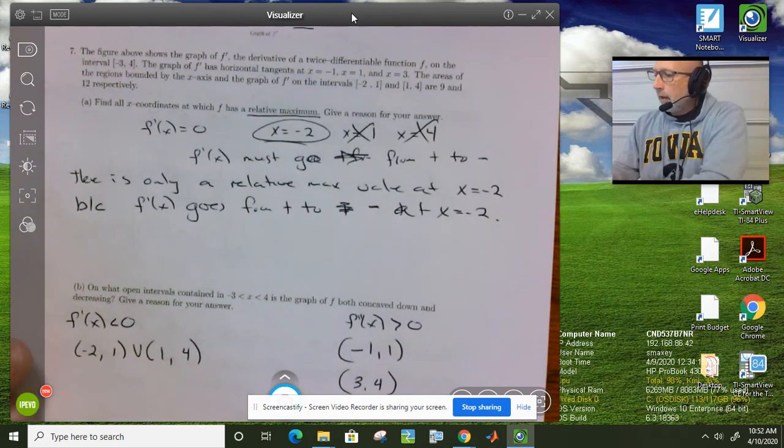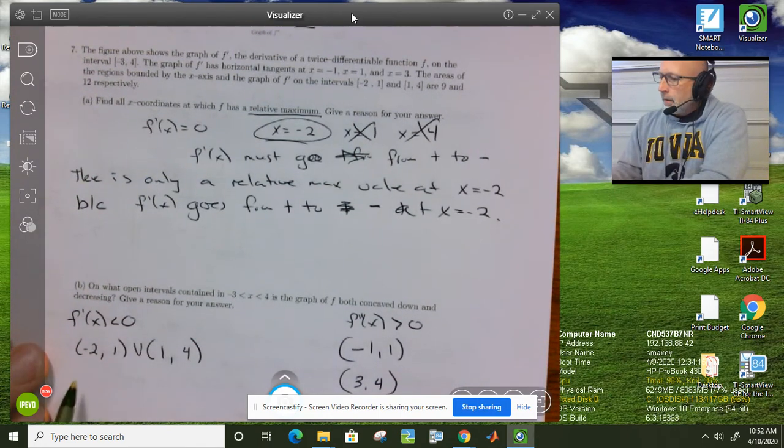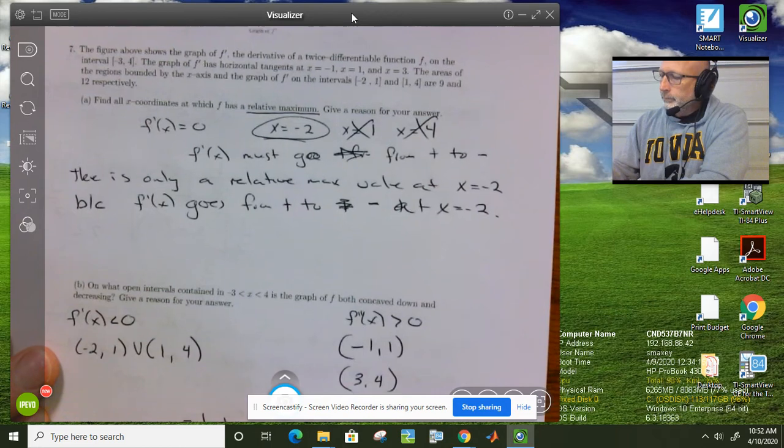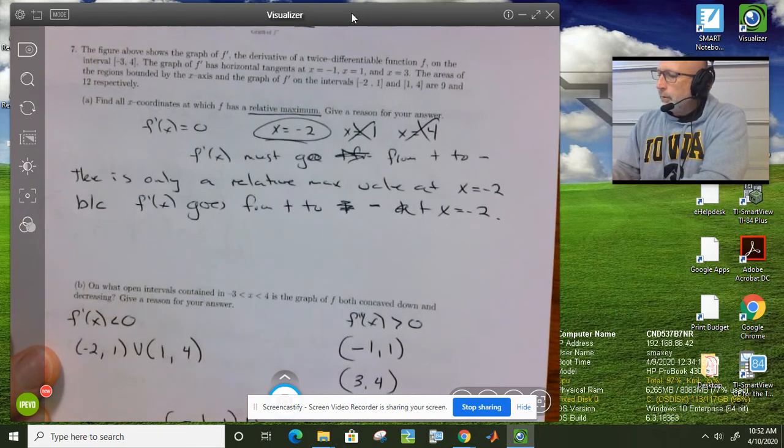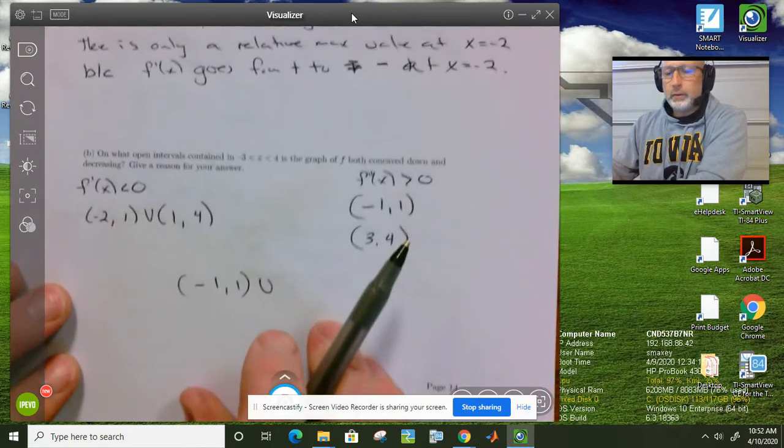So where's the intersection between the two? So -2 to 1 and -1 to 2, the intersection of those is -1 to 1. And union with, this is 1 to 4 and this is 3 to 4, so the intersection between those has to be 3 to 4.